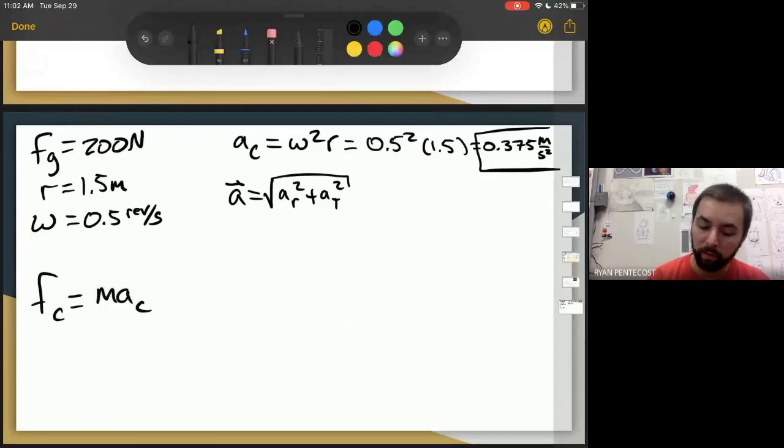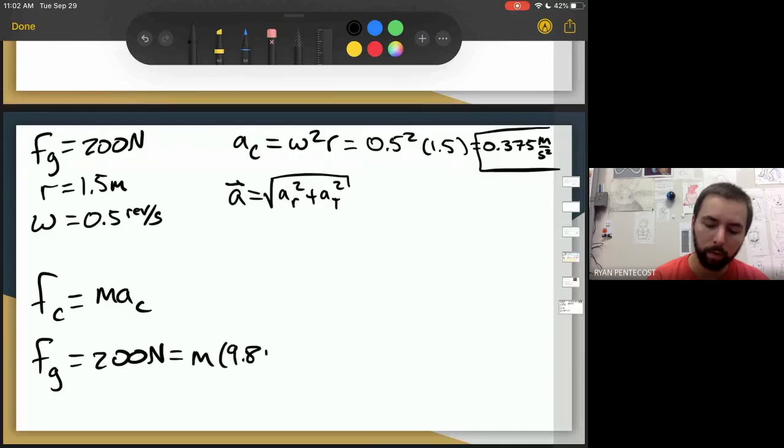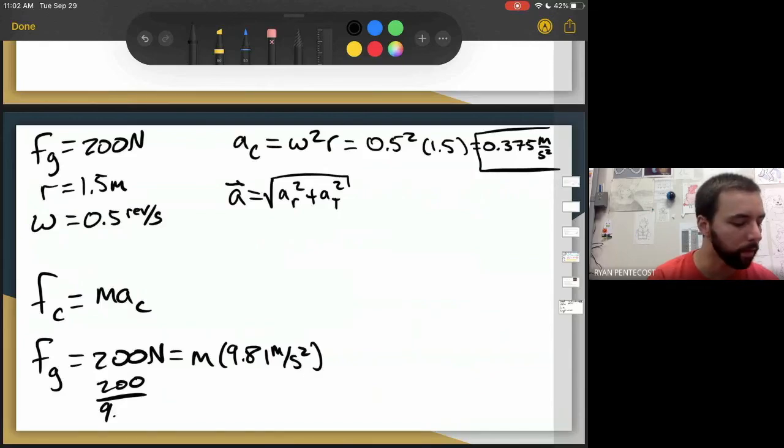We could find the kid's mass, right? Force of gravity is 200 newtons, which would be the mass of the kid times 9.81 meters per second squared. So if we take 200 divided by 9.81, that should give us the mass. We get 20.39, and that is in kilograms.